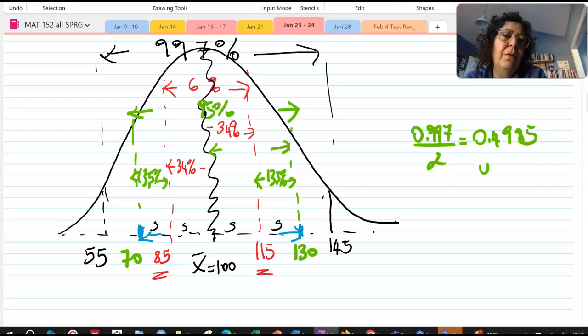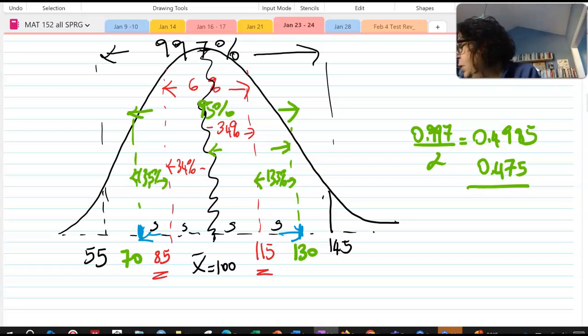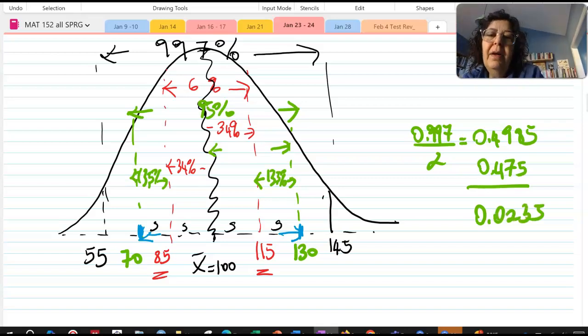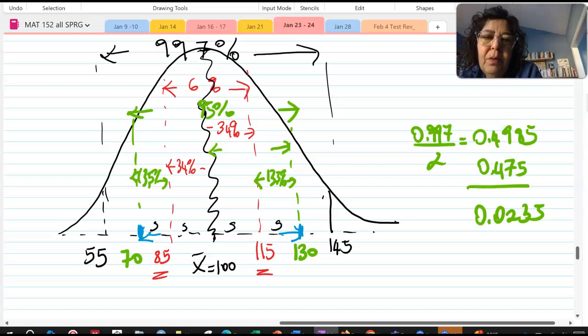So if we subtract 47.5, just to find this little portion, that will give us 0.0235, and this is this small slice here.